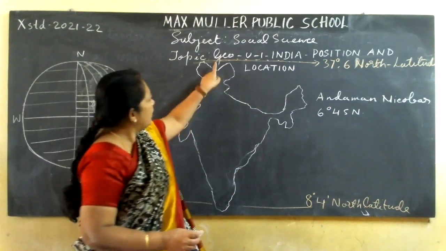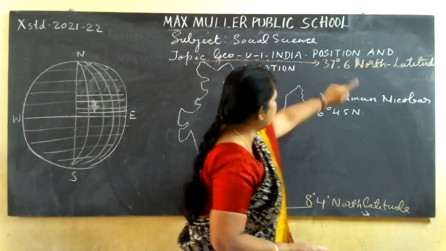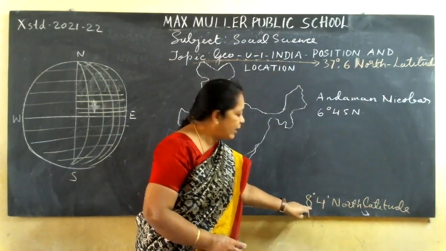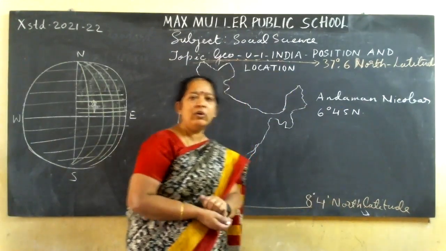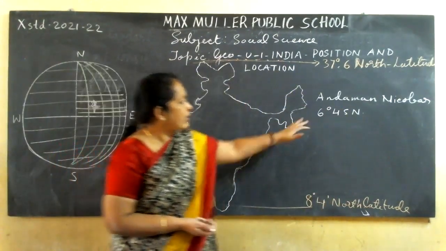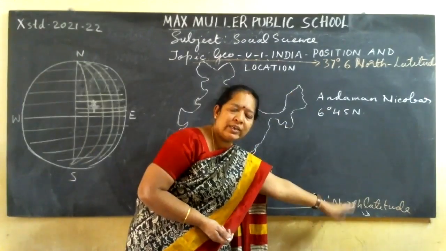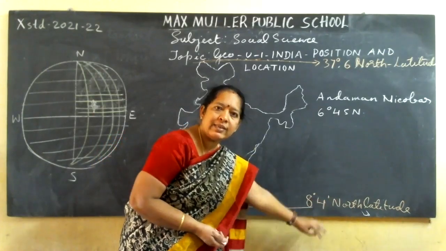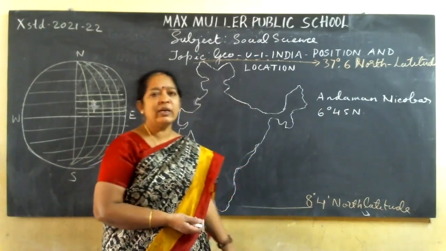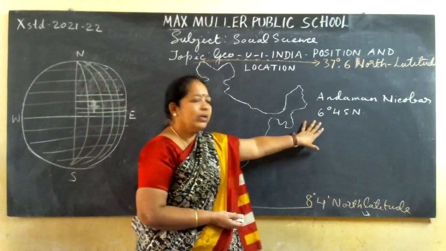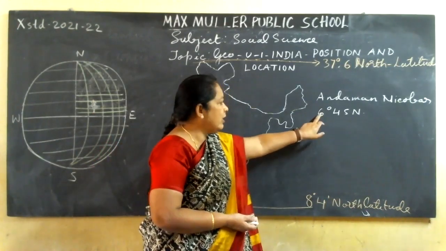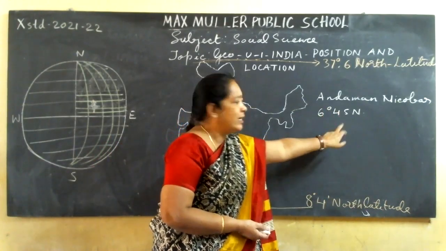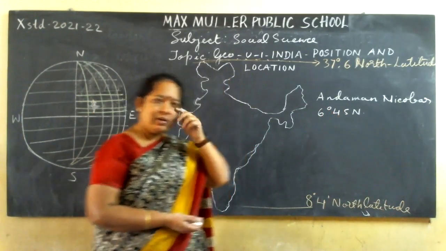So from here it is 37 degree north and 8 degree 4 north latitude, and the extension actually goes below, where we still have our area, the islands Andaman and Nicobar. If you include that, it starts from 6 degree 45 north latitude.